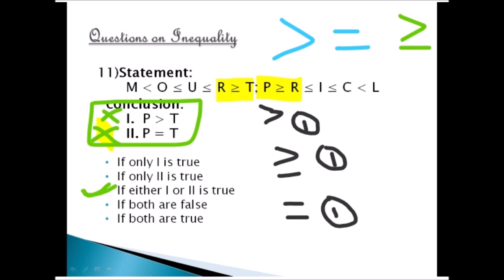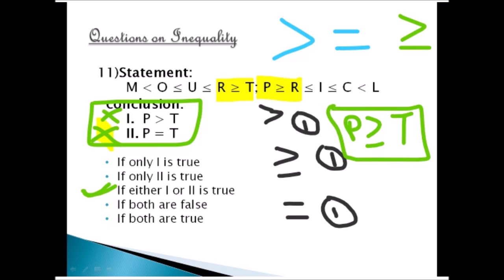Now I have to check whether this direction is true or not. Again, my starting point is P and destination is T. Here I can move from P to R and then R to T. So yes, I can move from P to T. Now I have to check the symbol. Now the symbol is verifying, and the path is valid. So this kind of conclusion is either case.